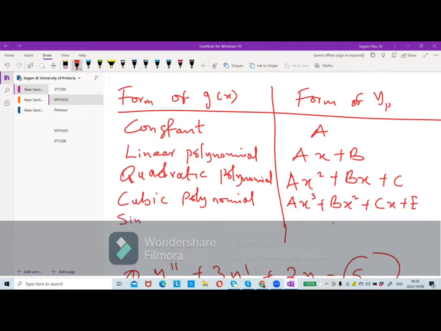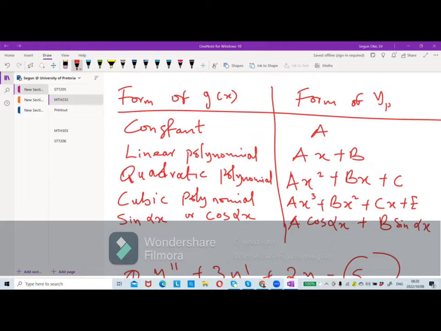Then, if I have a sine, let's say sine alpha x or cos alpha x, what I'm going to use will be A cos alpha x plus B sine alpha x.